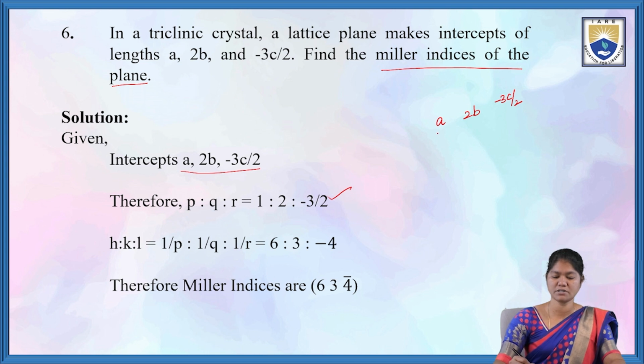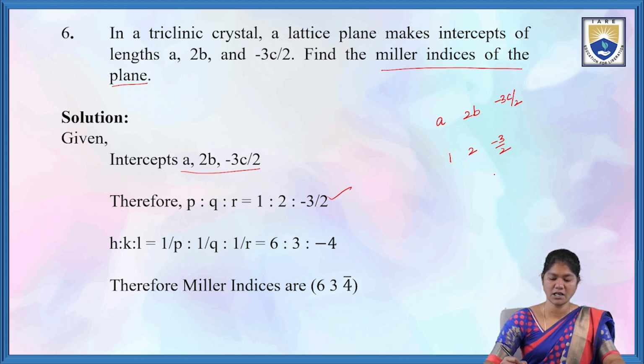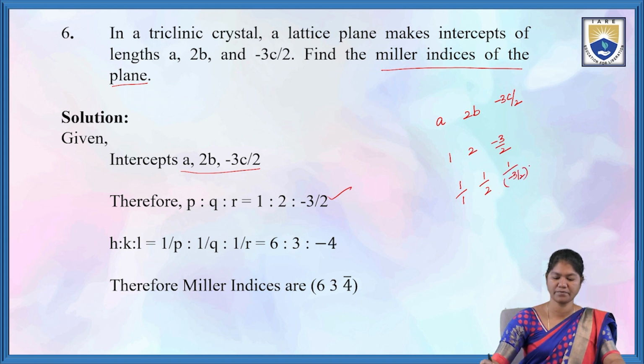The intercepts, that is multiples of a, b and c, are 1, 2 and minus 3 by 2. Then we take the reciprocals: 1 by 1, 1 by 2 and 1 by minus 3 by 2.